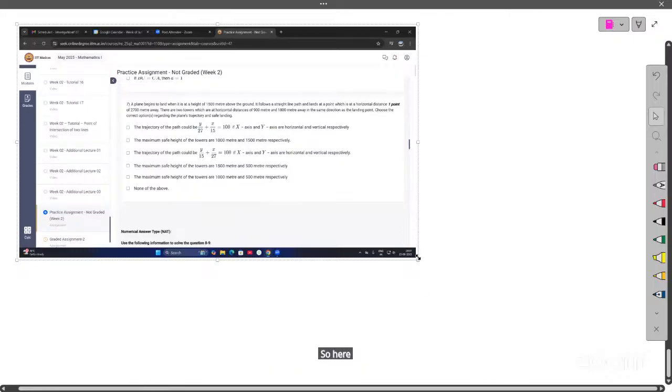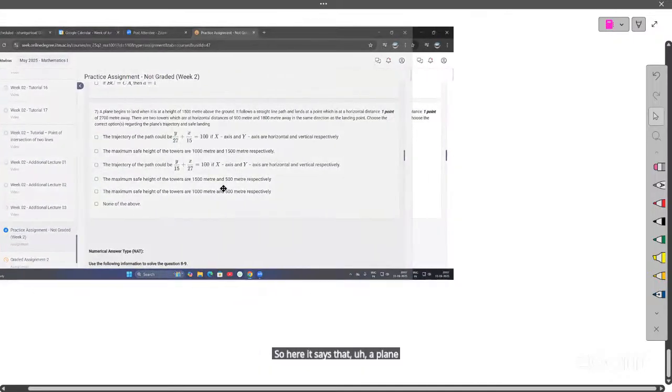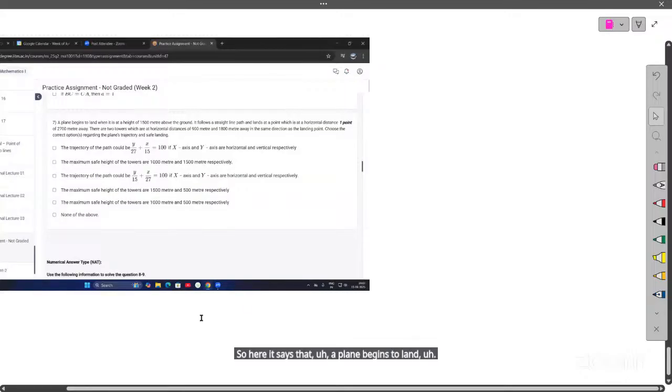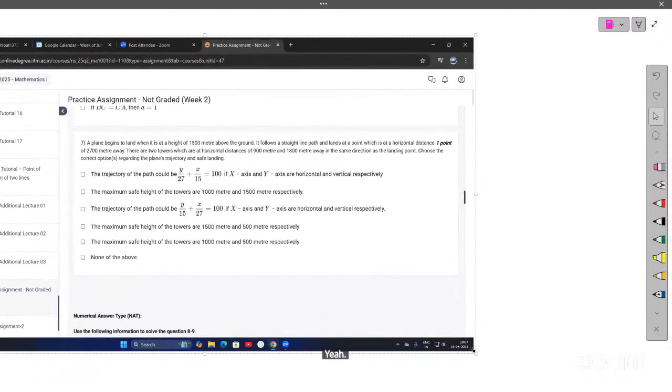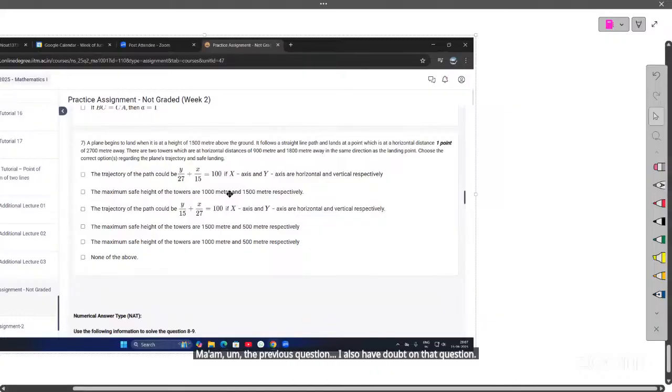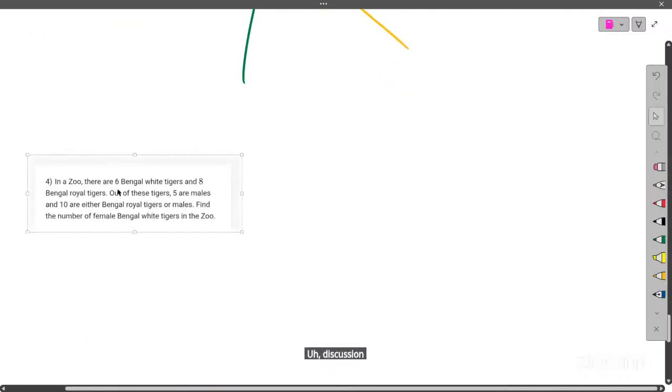So here it says that a plane begins to land when it is at the height of 500 meters. The previous question. I also have a doubt on that question. This question? Yes.